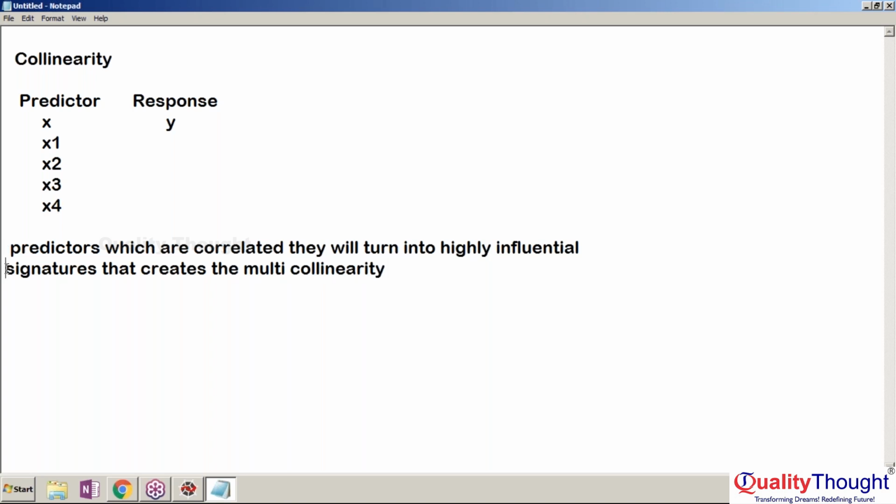Okay, multicollinearity problem. Understand, guys, all of you, this concept? What do you mean by multicollinearity? Otherwise, collinearity, whatever you call it. Did you understand collinearity? This is one of the problems.